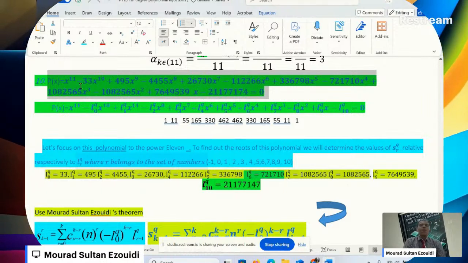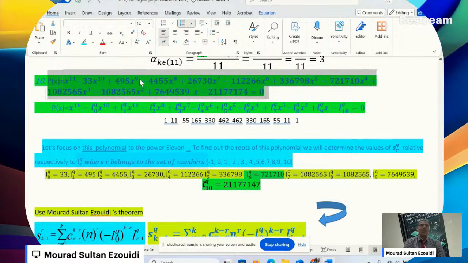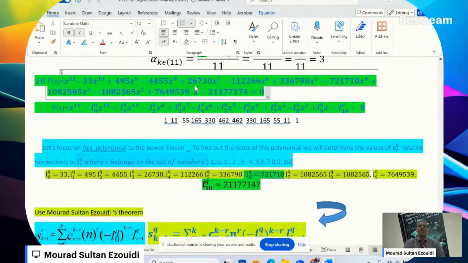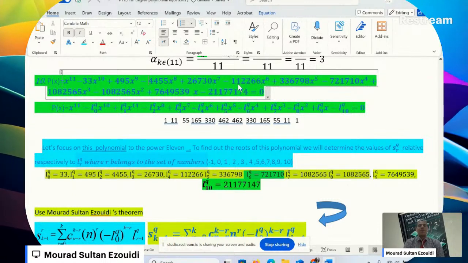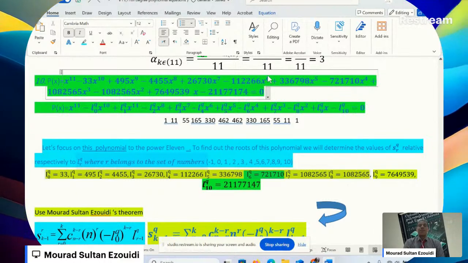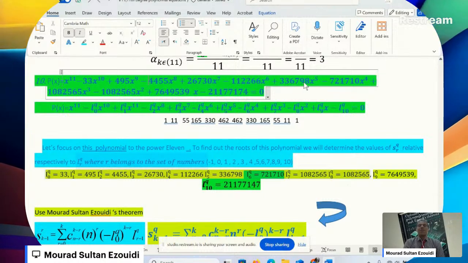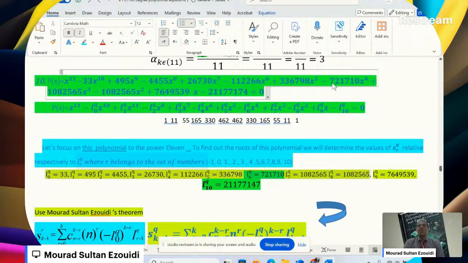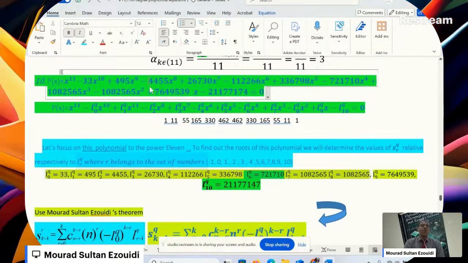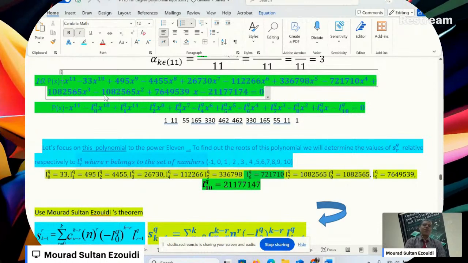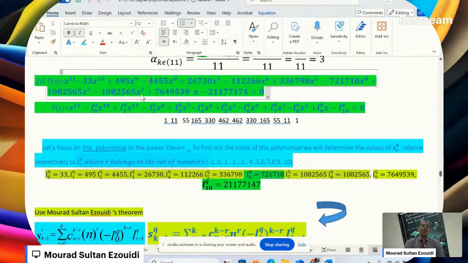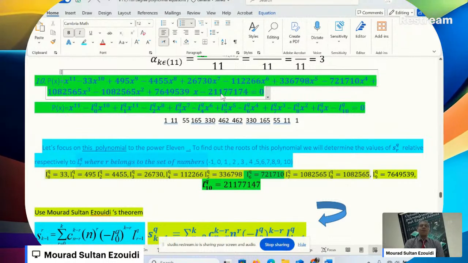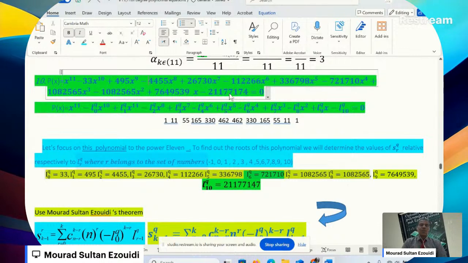You can see x raised to the power 11 minus 33x raised to the power 10 plus 495x raised to the power 9 minus 4,455x raised to the power 8 plus 26,730x raised to the power 7 minus 112,266x raised to the power 6 plus 336,798x raised to the power 5 minus 721,710x raised to the power 4 plus 1,082,565x cubed minus 1,082,565x squared plus 7,649,539x minus 21,177,174 equals 0.